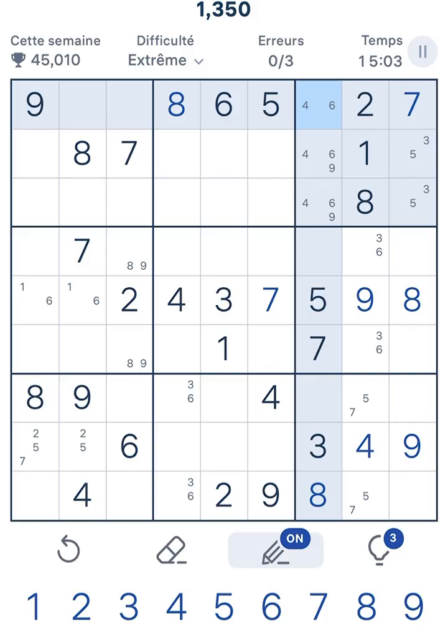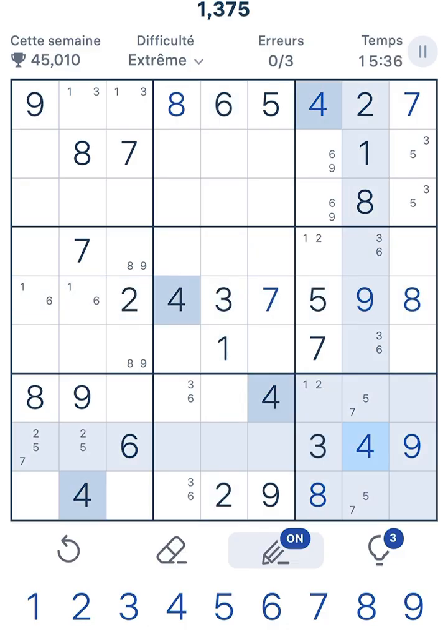Here I didn't notice the 6, so it will be here. Since these two squares are occupied already, let's look at 4.